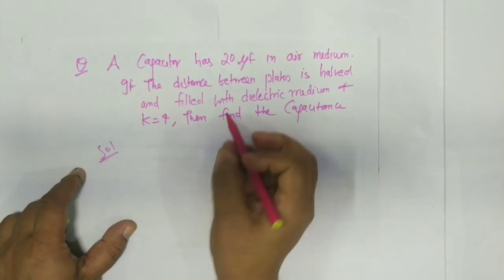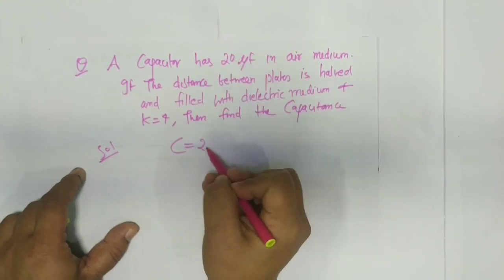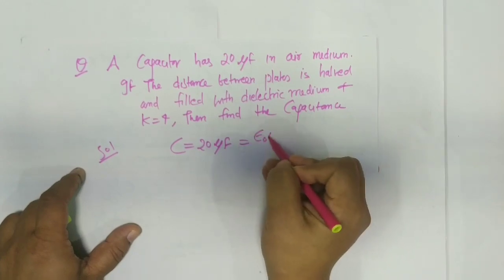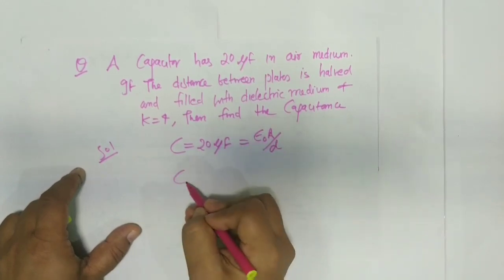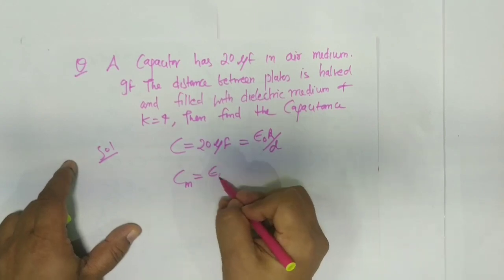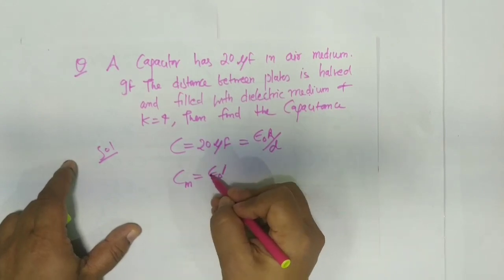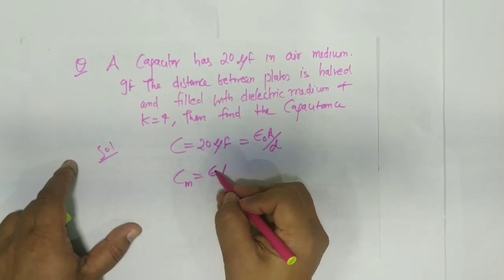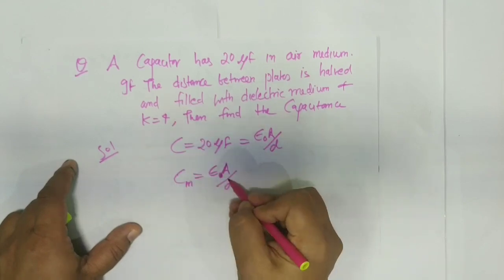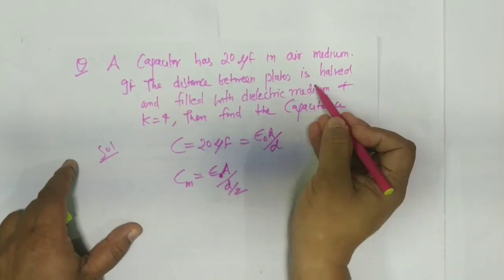So very simple. What is the capacitance in air medium? It is 20 microfarad. And the air medium capacitance is epsilon naught A by D. In any medium, in dielectric medium, in place of epsilon naught you can directly write epsilon, epsilon A by what? And distance is D by 2, half.